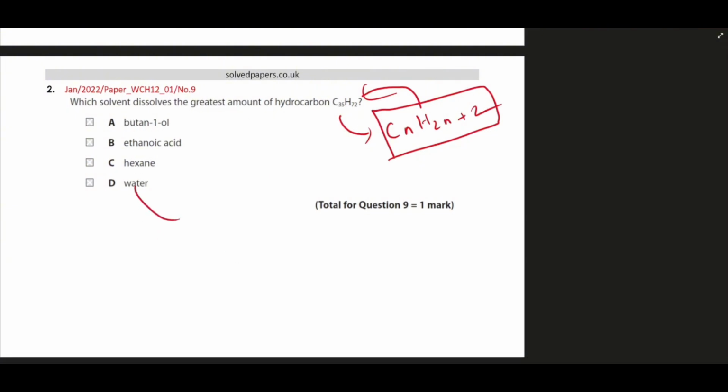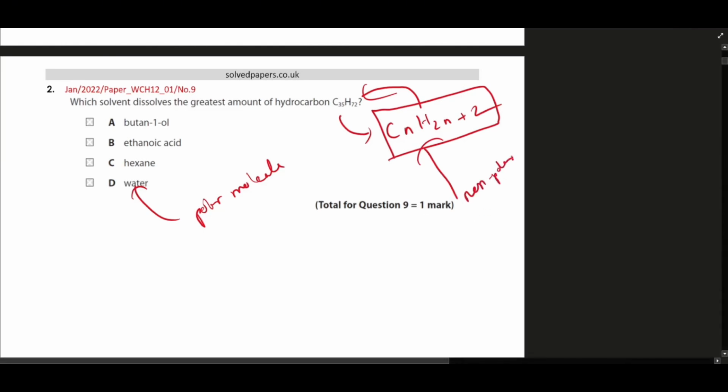Okay, water is a polar molecule, right? It's a polar molecule, isn't it? Do you think alkanes are polar molecules? Think. No, they're non-polar.